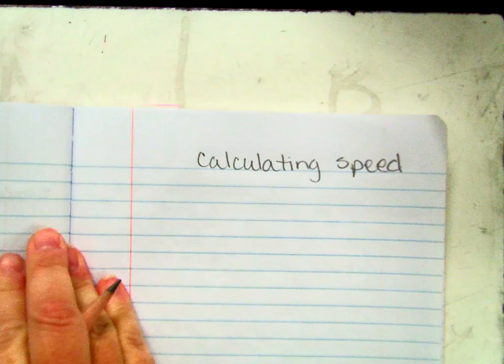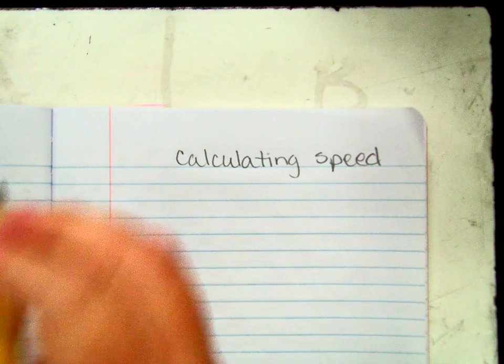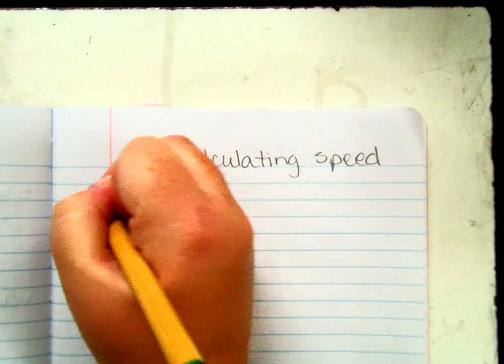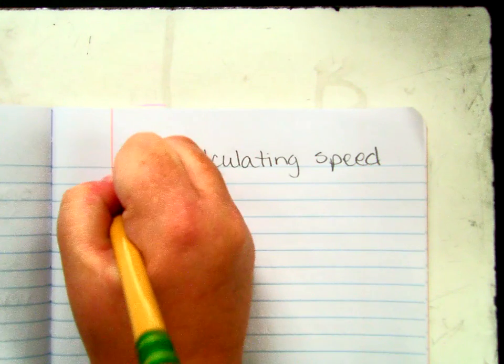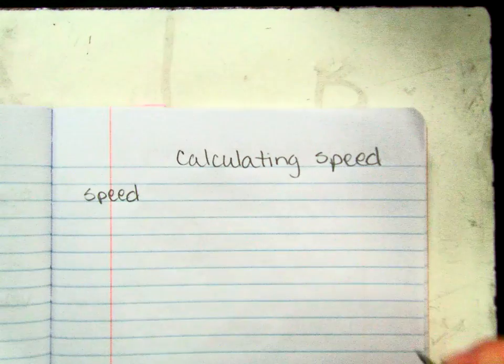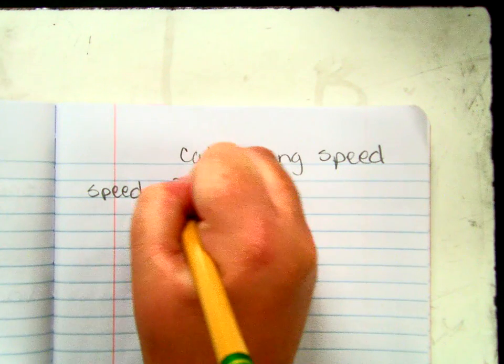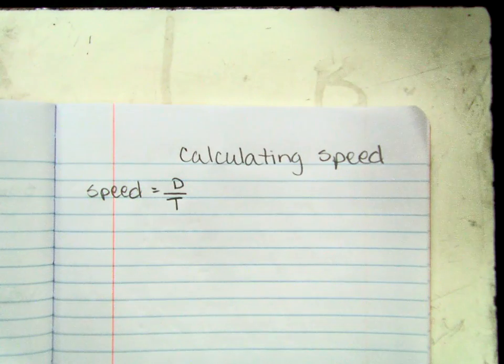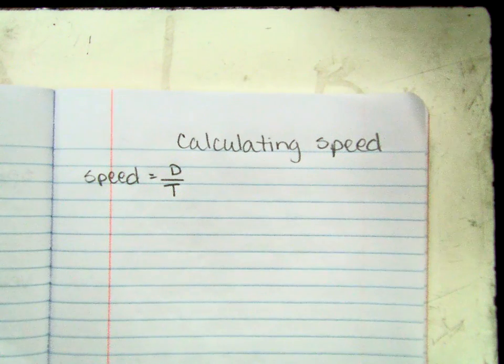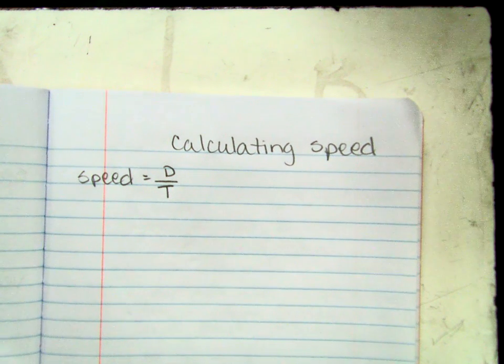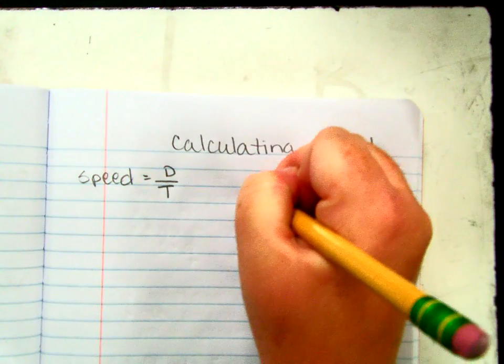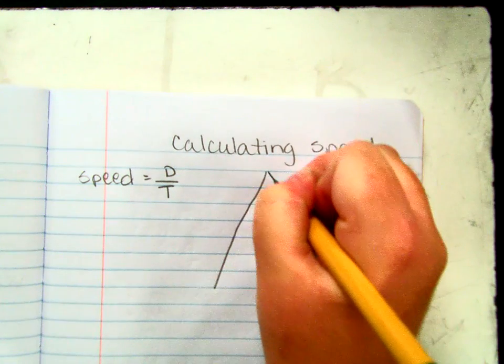All right, so just a few seconds ago, we said that speed was distance divided by time. And we wrote that down in our notes. Now, I'm going to show you what we call the triangle method. So over here to the side, I want you to draw a big triangle.